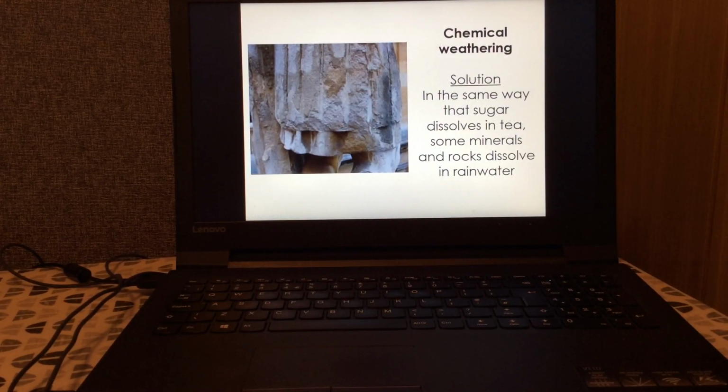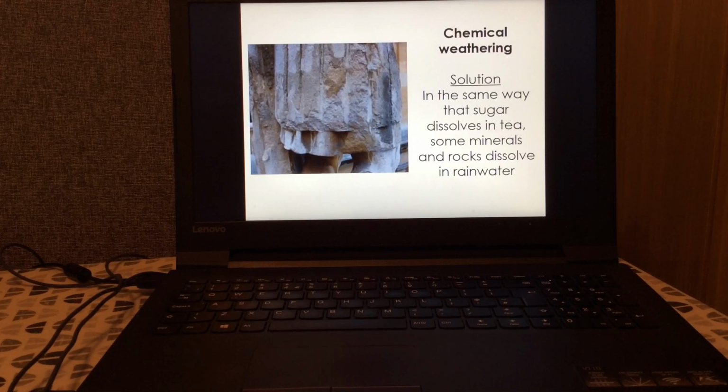This is an example of chemical weathering, and we've talked about this before. Solution. Solution is where something becomes dissolved. So when it rains, rock can be dissolved by rainwater, because most rainwater is slightly acidic, and some rocks, particularly things like calcium carbonate, react more easily than others with that acidic rainwater.